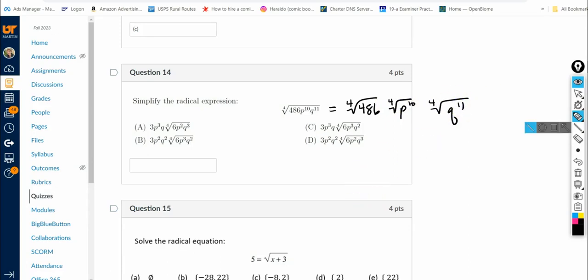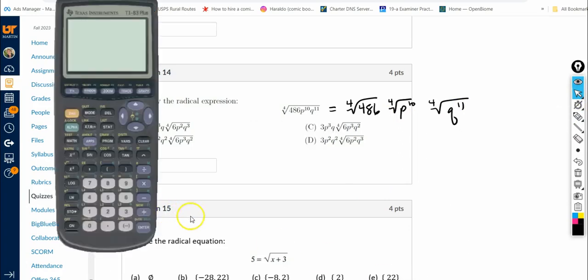Now, the 4th root of 486, let me check that. So I want to take 486 and raise it to the 1/4 power, because I don't have a fourth root command in my calculator. Okay, so that's not working out. It's not a perfect fourth root.